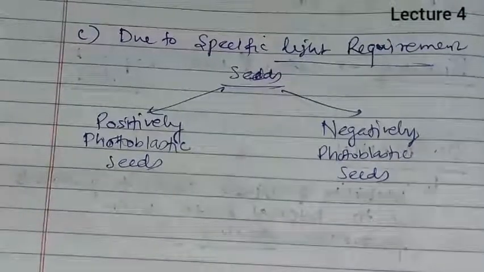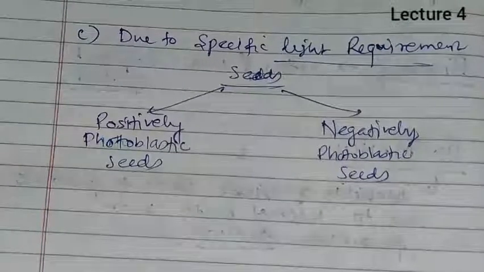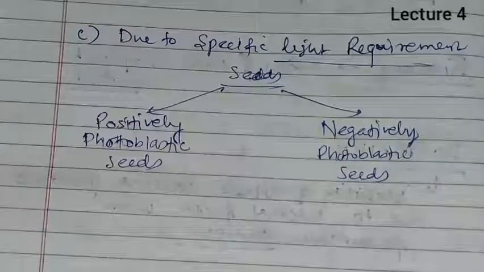Positively photoblastic seeds require light for germination.